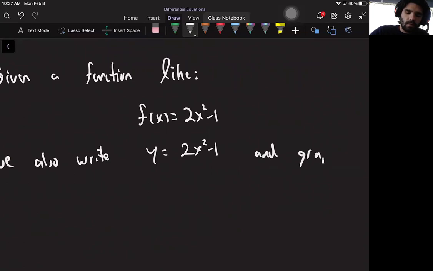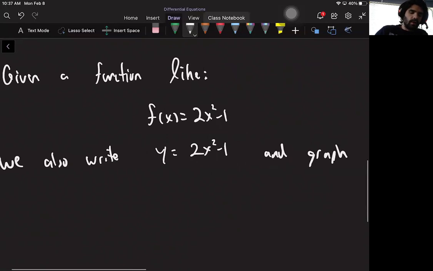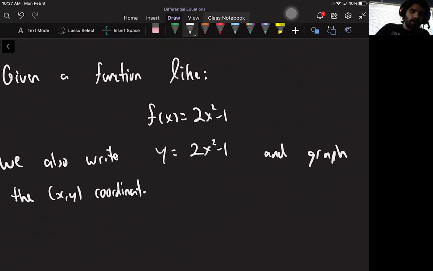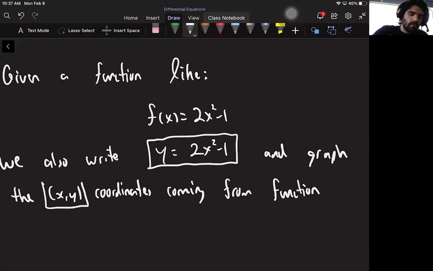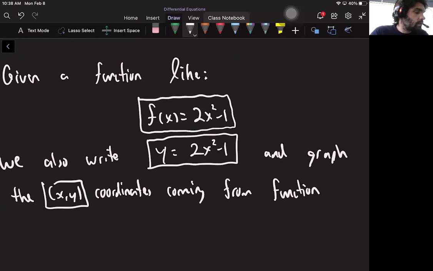What we do is graph the xy coordinates that come from the function, and that's why people write this. They want to graph xy coordinates, and the y coordinates are just what comes out of the function whenever you plug in an x.